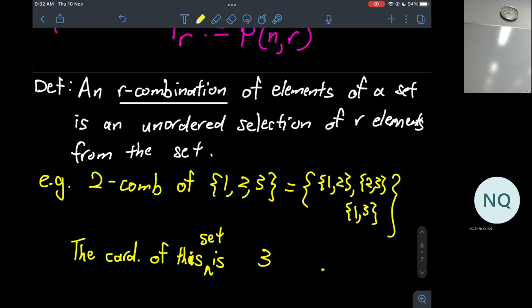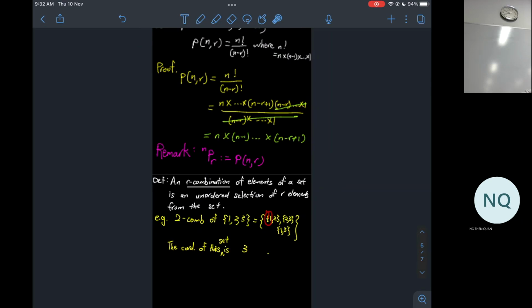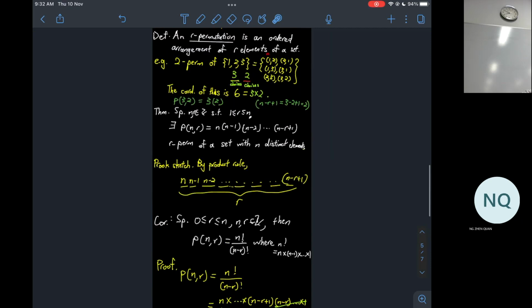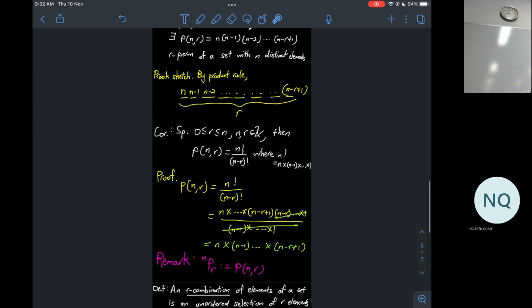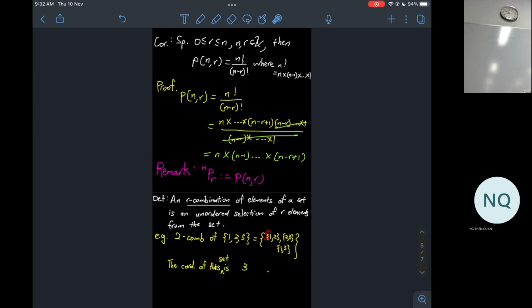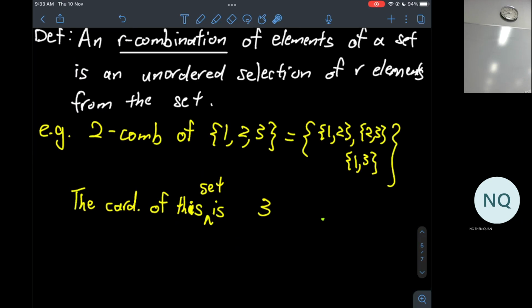This is set notation, but previously I used the bracket notation, which is for ordered pairs. When I put brackets, the order matters. When I put set notation, the order does not matter, because the set containing 1, 2 is the same as the set containing 2, 1. So they are equal sets.